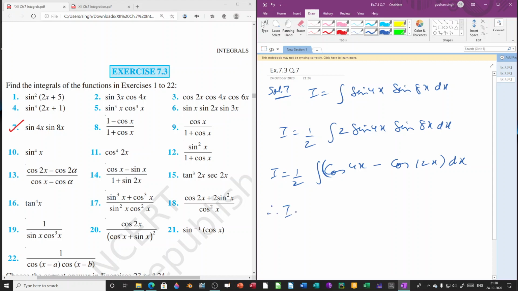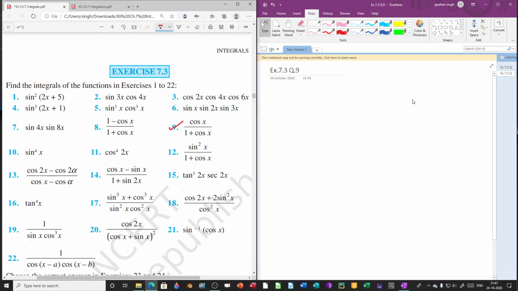So therefore I equal to integration of cos is sine, so we will write here I equal to sin 4x over 2 is already there, and this 4x on differentiation will give us 4, so we will be getting here 8. Similarly here we will be getting minus integration of cos is again sine, so we will be getting here sin 12x over derivative of 12x is 12, and 2 is here, so we will be getting 24 plus c. So this is the answer of question number 7. So with this, question number 7 is also complete.